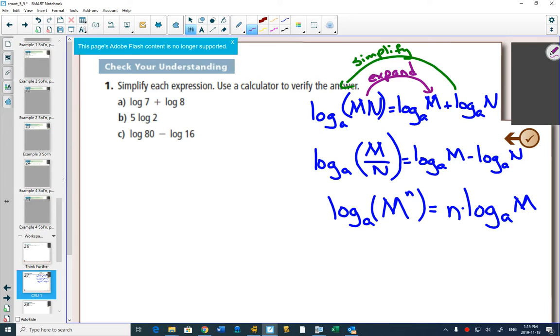I think the word simplify in mathematics is one of the most complex words there is because it can mean so many different things. You had to memorize what simplify meant for fractions, and now you have to know something for simplify with logarithms. Simplify comes up a lot of different times, and it means something different each time. In this case, simplifying means to write as a single logarithm.